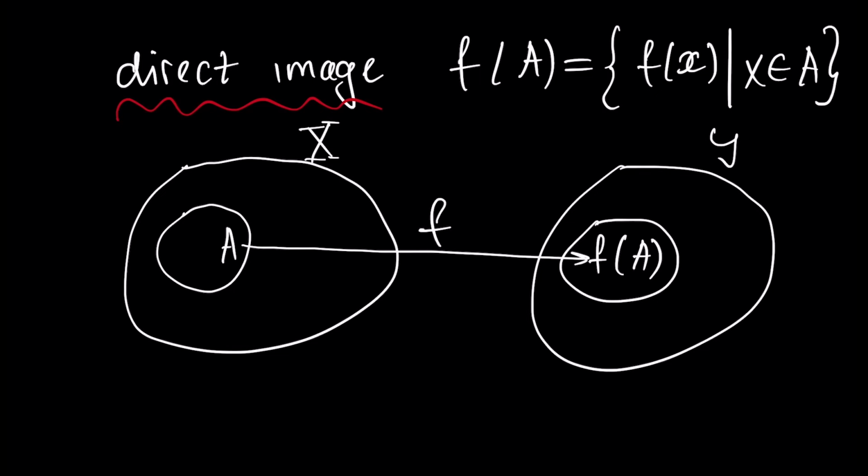In this case, f of A is all f of x such that x is in A. So all x, here we have x inside A, are mapped into f of x inside f of A. That's why this is a set called direct image of the subset A.